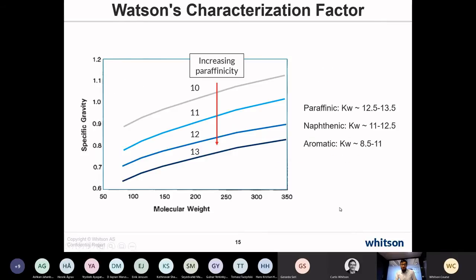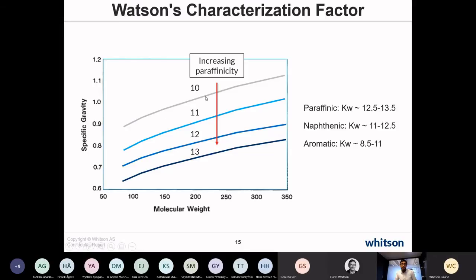Now on the next slide, we see if you plot specific gravity versus molecular weight for the different components, we know it has to be a monotonically increasing function, because as the molecular weight increases, the density of the component also increases. And these are the lines that represent a constant Watson characterization factor value.